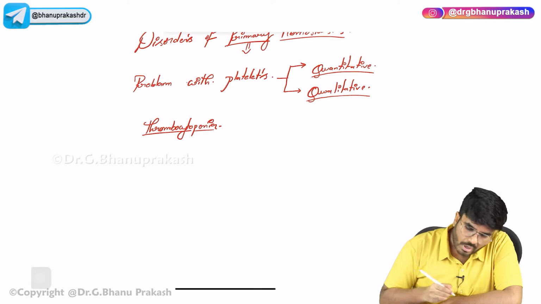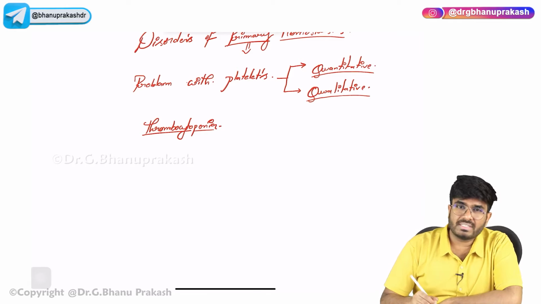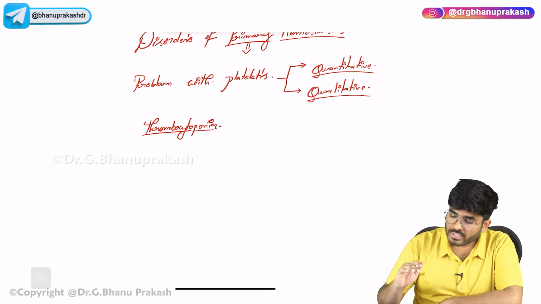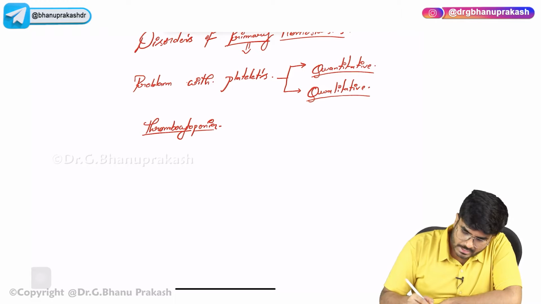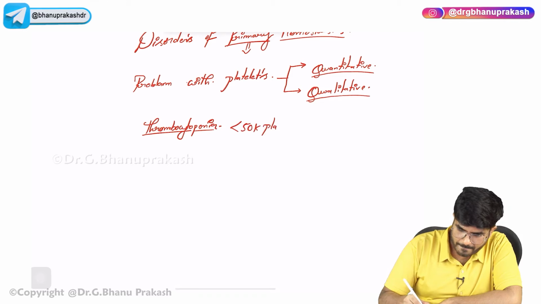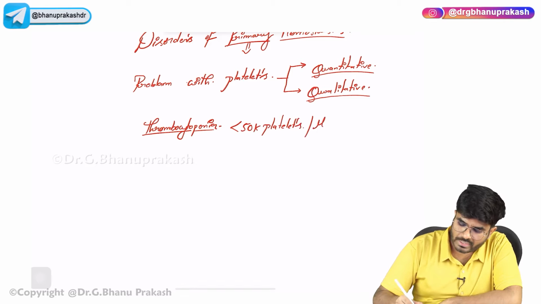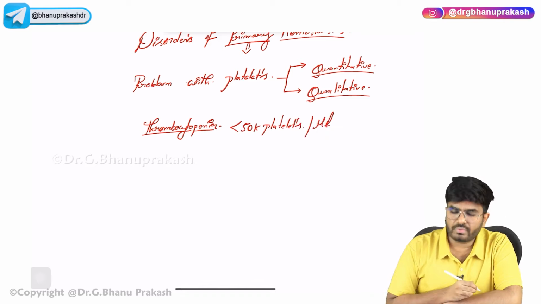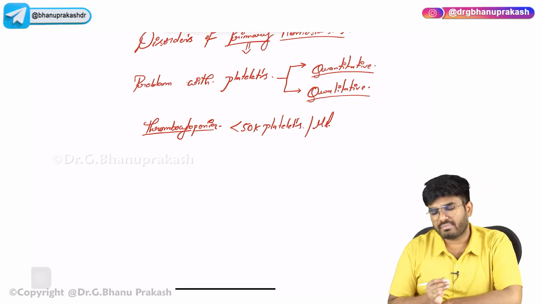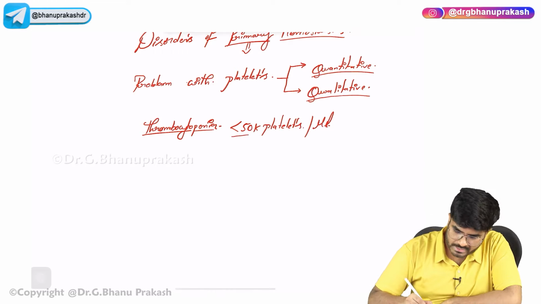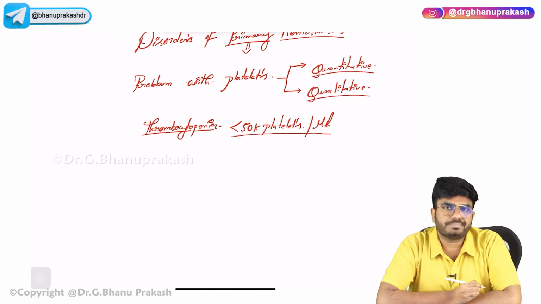So how low is considered thrombocytopenia, sir? If you have less than 50,000 platelets per microliter, then it should be considered as thrombocytopenia, sir.